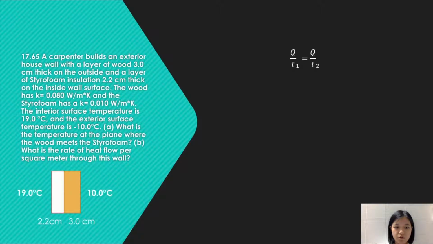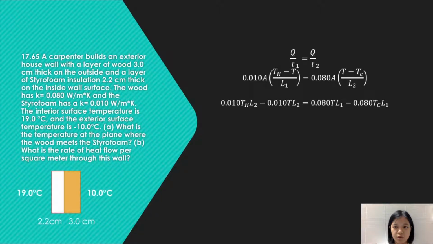So that'll be the constant K times area times the hot temperature minus the temperature in the middle over the length. Or in the case of the wood, it's temperature minus the cold temperature over the length of the wood. So we can just simplify the equation by multiplying L1 and L2, and we'll get this equation.